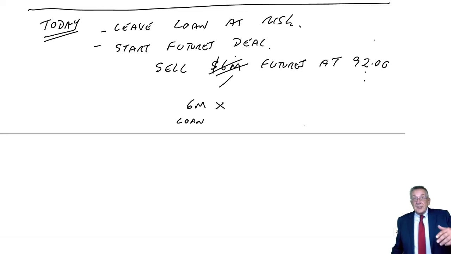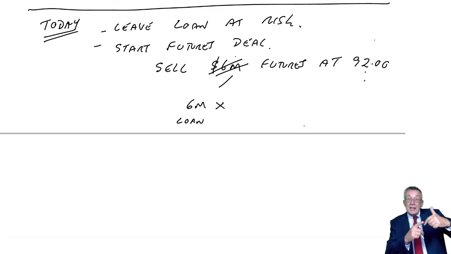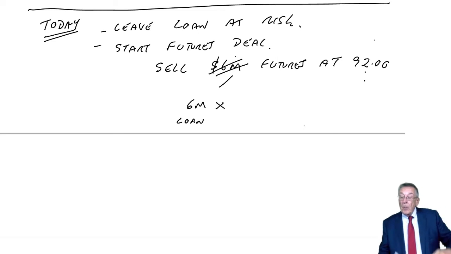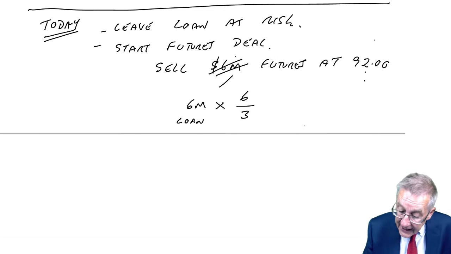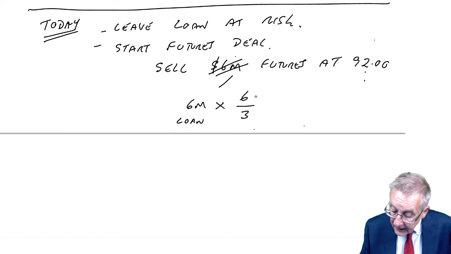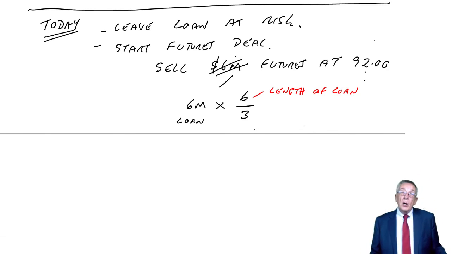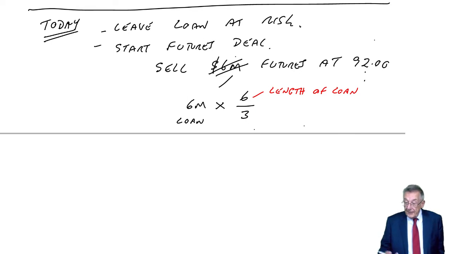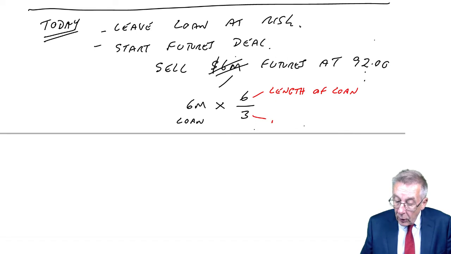However, because we're at risk for the number of months of the loan, and yet futures only protect us for 3 months, we'll multiply by 6/3, where 6 is the length of the loan. Here we're borrowing for 6 months, so on the top is 6. Divided by 3, well, it's always 3 because they're 3-month futures.